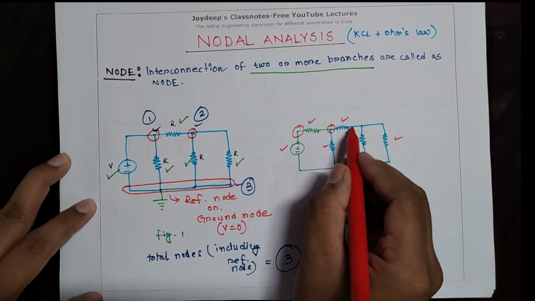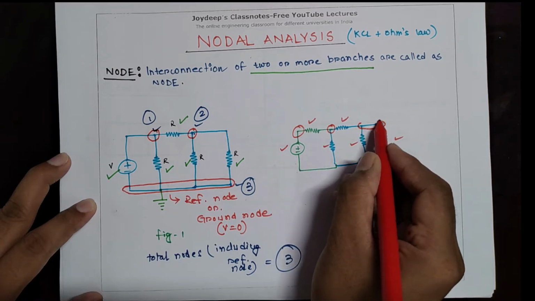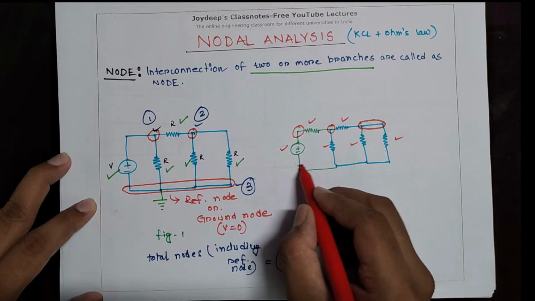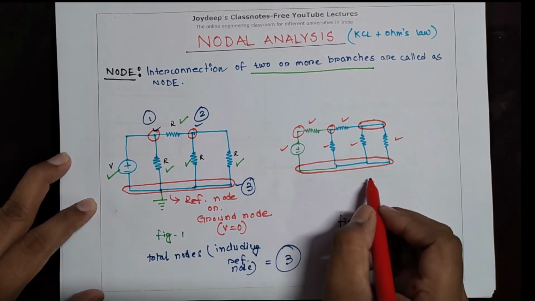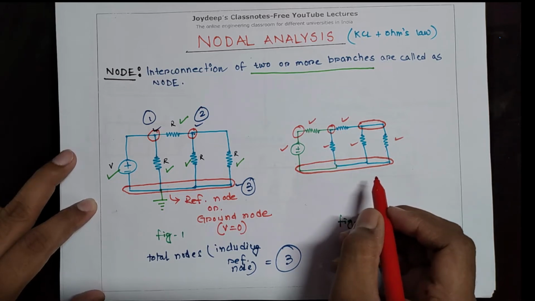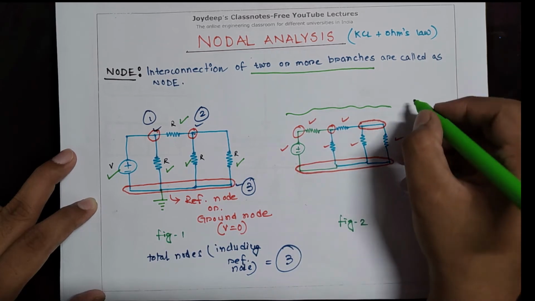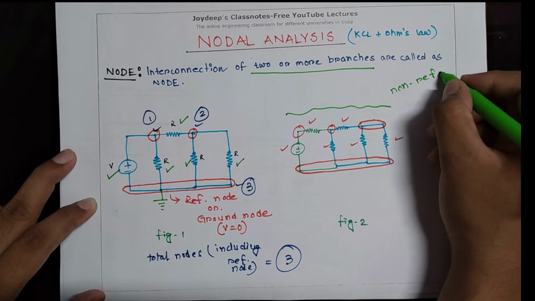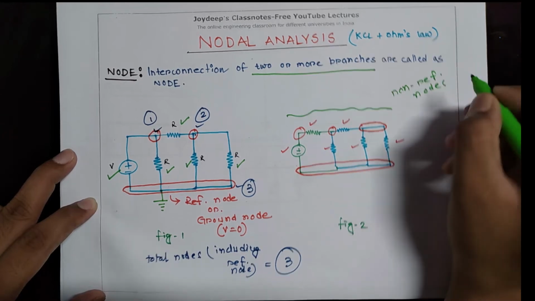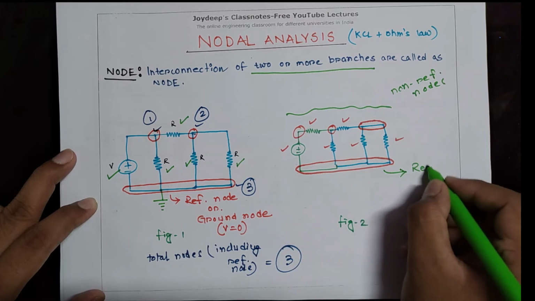Interconnection of 3 branches, 1, 2, 3, so this is another single node. And this is your reference node, also called the ground node. So these three are non-reference nodes, and this is your reference node.